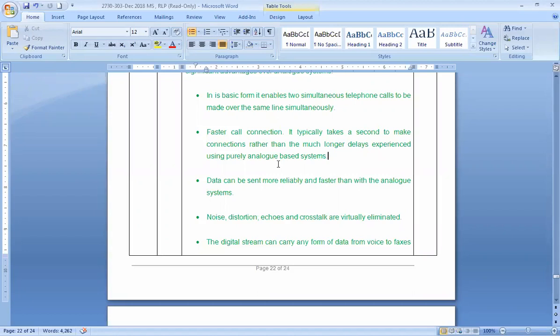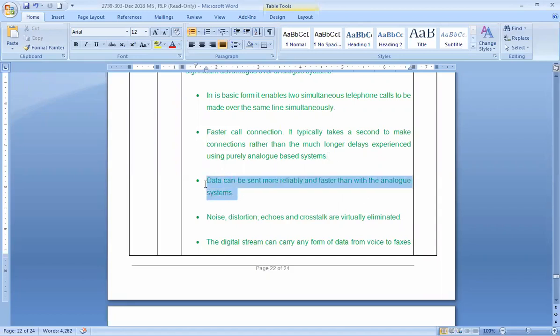So communications are to be instantaneous. Instantaneously you should be able to connect and communicate. This establishing of calls became faster when we moved on to a digital space.